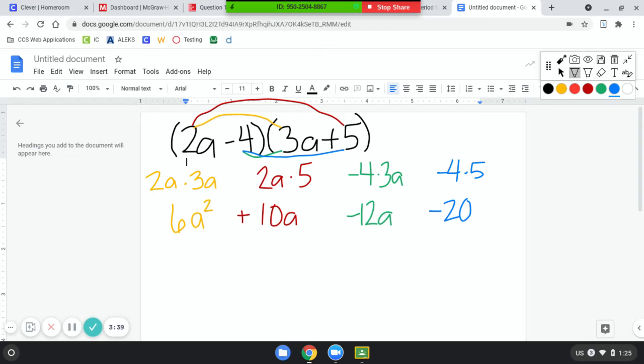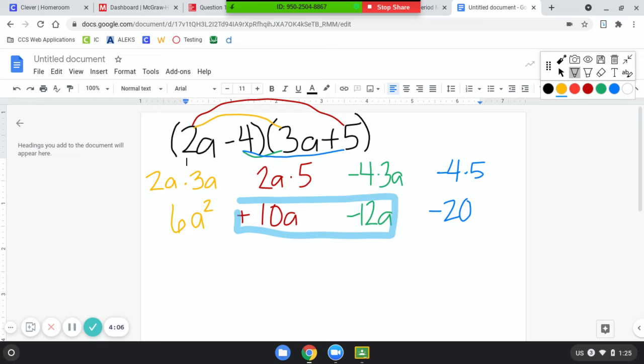Okay. So when I look at this line, it is just a polynomial, 6a squared plus 10a minus 12a minus 20. I see that I have like terms within these 4, which is 10a and negative 12a. So I'm going to combine those together. So we always want to write in simplest form.